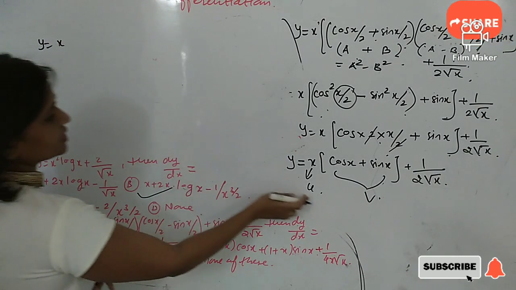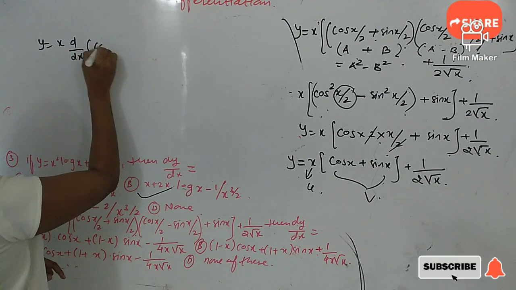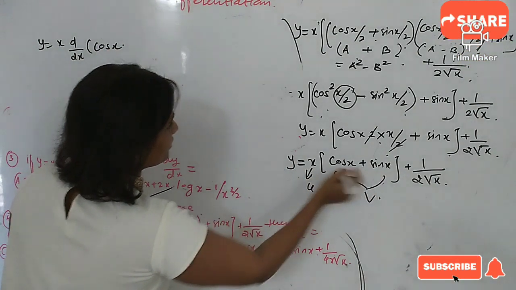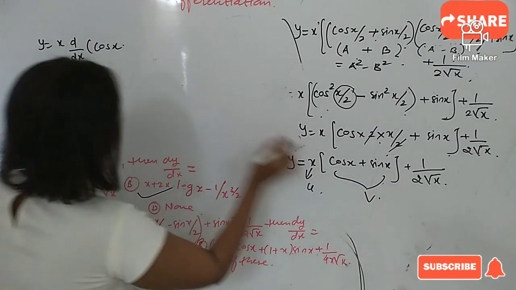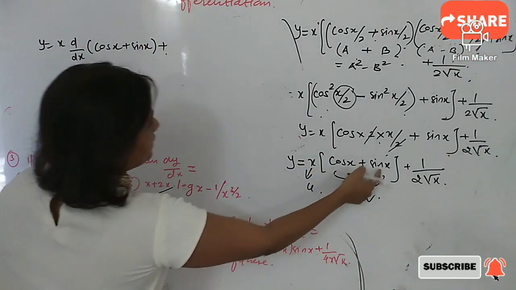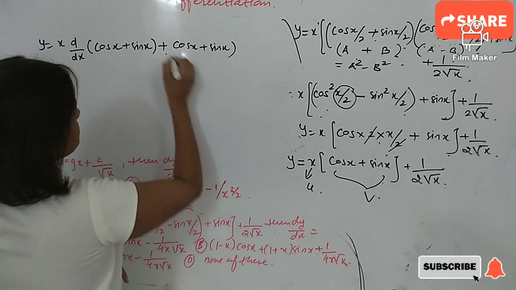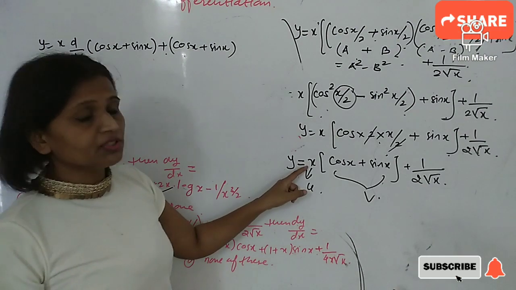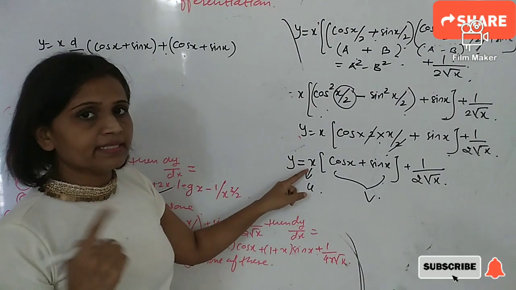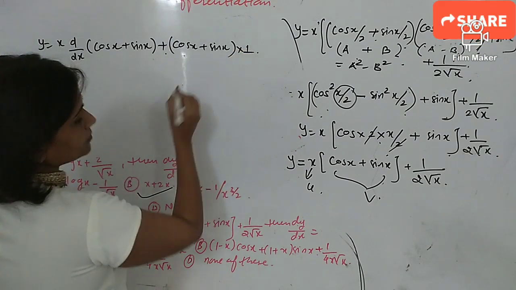So suppose the first function is constant, u is a constant, and the derivative d/dx of the second function is whole cos x plus sin x, plus the second function constant, cos x plus sin x is a constant, and the derivative of the first function. So the first function is x and x derivative with respect to x is 1. So you don't need to write it here.